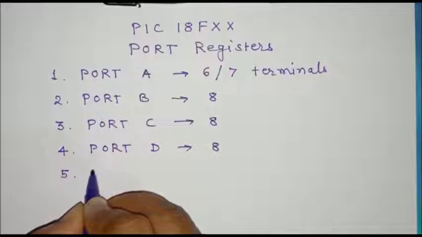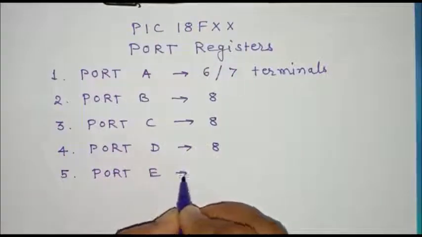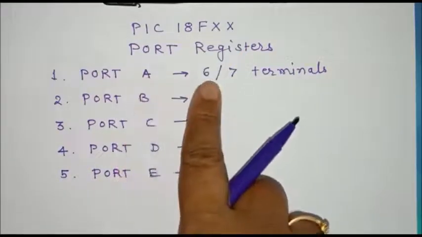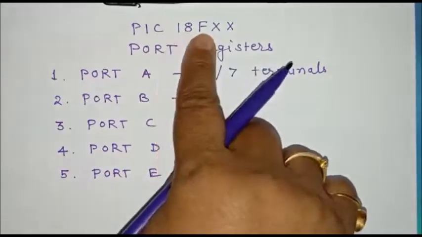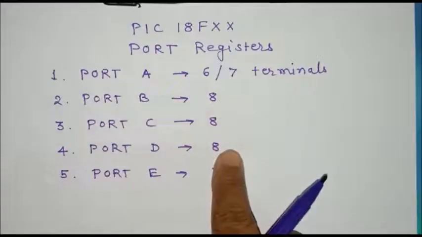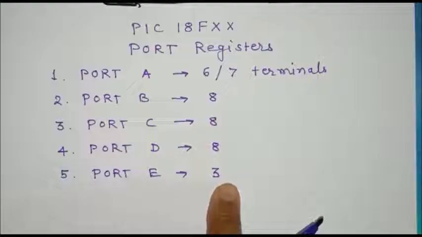And fifth port is port E, which is having only 3 terminals. So port A may have 6 or 7 terminals, depends upon the version of PIC18F. B, C and D ports are having 8 bits, 8 terminals each, and port E is having 3 terminals.